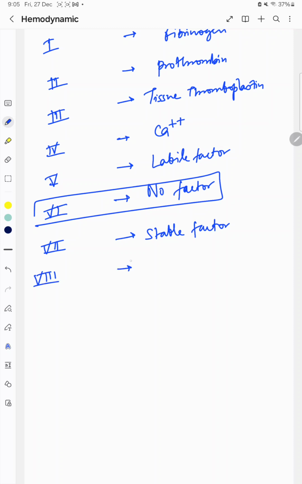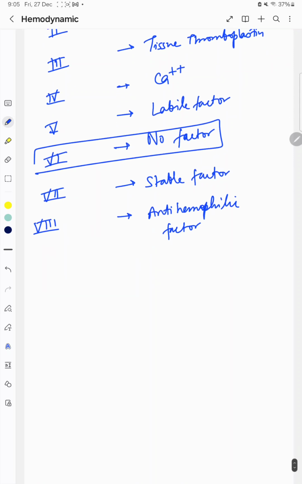Eighth clotting factor is anti-hemophilic factor. Ninth clotting factor is Christmas factor.